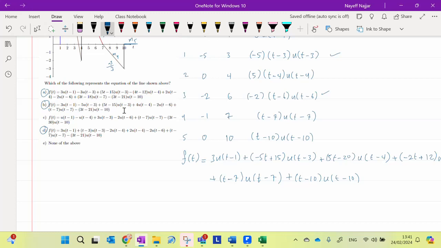Minus 5t minus 8 times u(t -3), okay, so this is u(t -3), this is u(t -3), and none of them is multiplied by (-5t +15). So the answer again is none of the above.